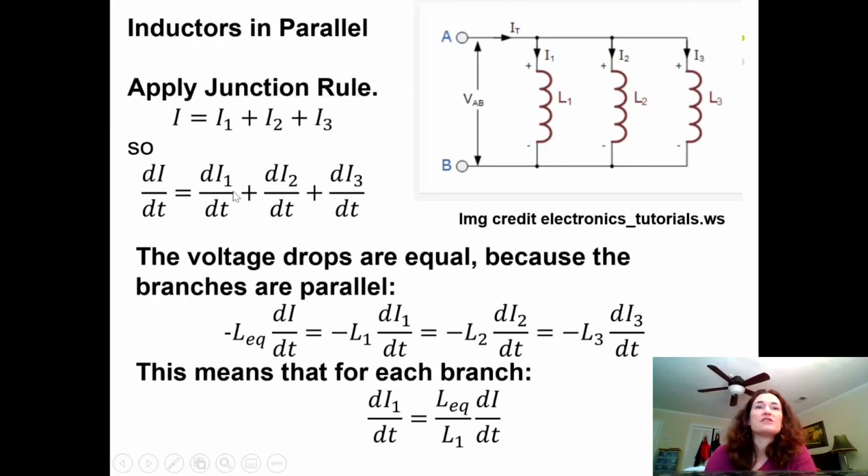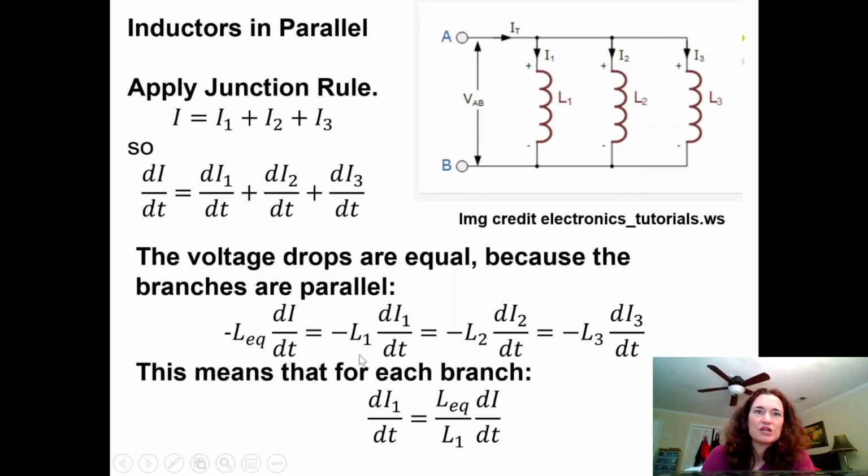So whatever inductor I had to plug in there, some equivalent inductance called LEQ, the back EMF from that equivalent inductor, which would depend upon the current I that flows into the junction, would be minus LEQ di/dt. That has to equal what's happening in each parallel branch because the voltage drops are the same. So I would have minus L1 di1/dt equal to minus L2 di2/dt, equal to minus L3 di3/dt, equal to minus LEQ di/dt.